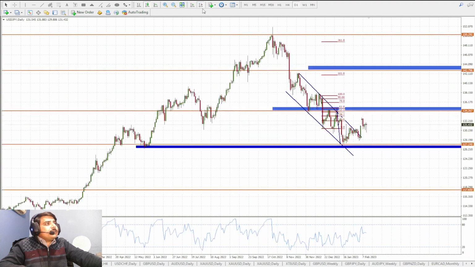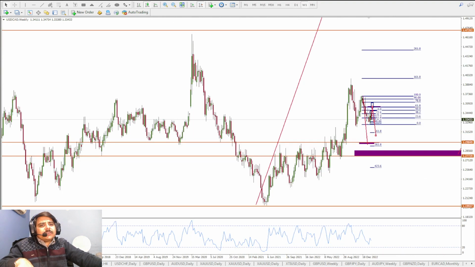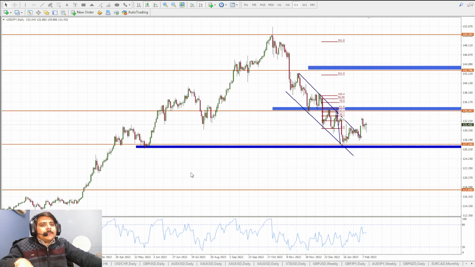And if I see on the daily, dollar is going down against the CAD, so it should go down against the yen as well. There is a very tricky story right here. Let's see.